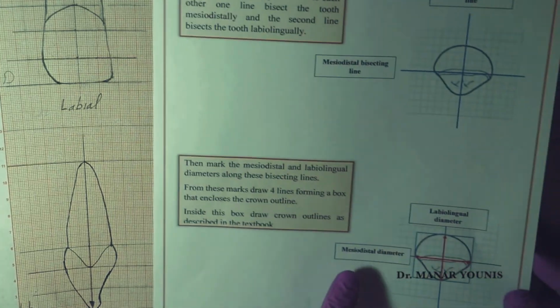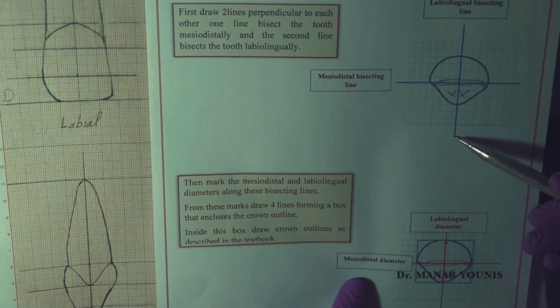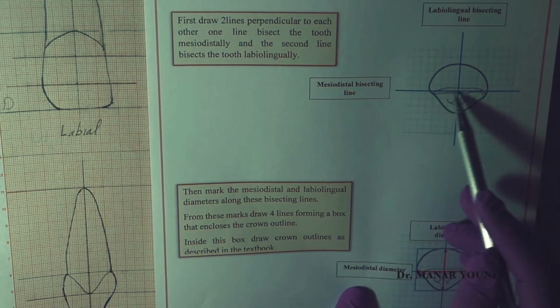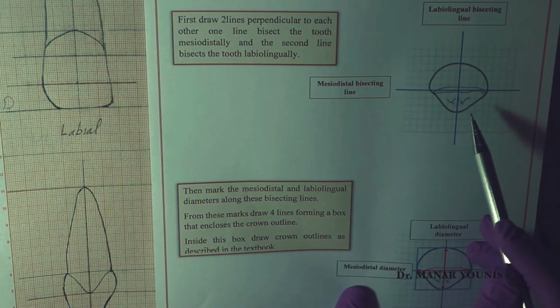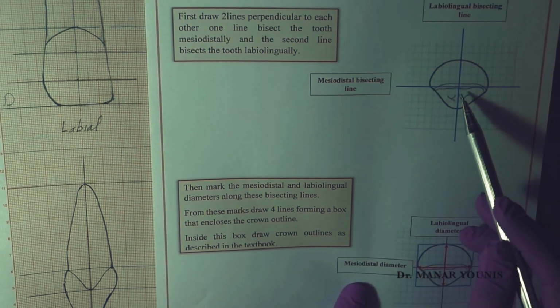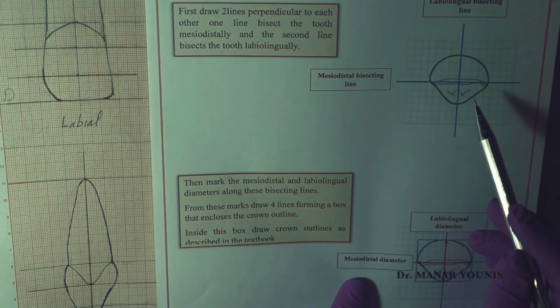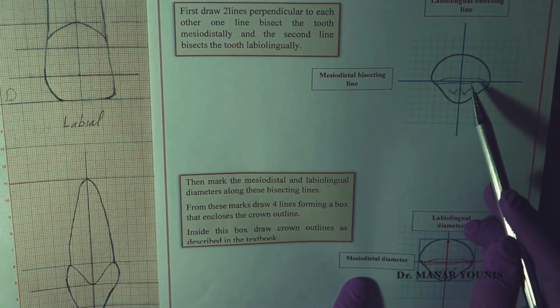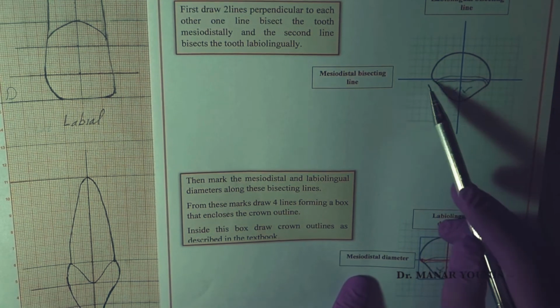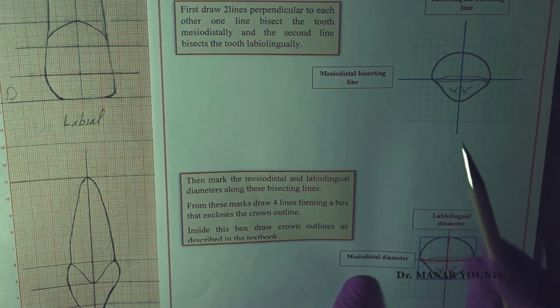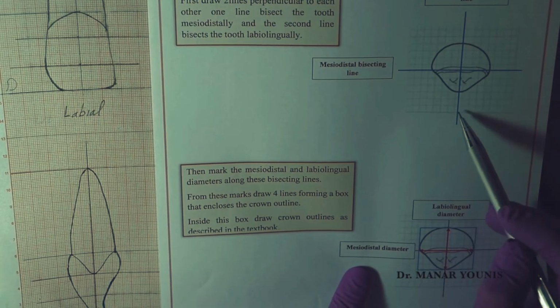One will represent the labiolingual bisecting line, and the second will represent the mesiodistal bisecting line. Since the outline of the incisor from the incisal aspect is relatively uniform, I can bisect my measurements and mark equal distances from these lines mesially, distally, and labially and lingually.